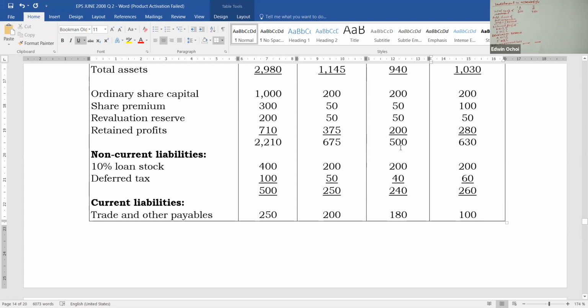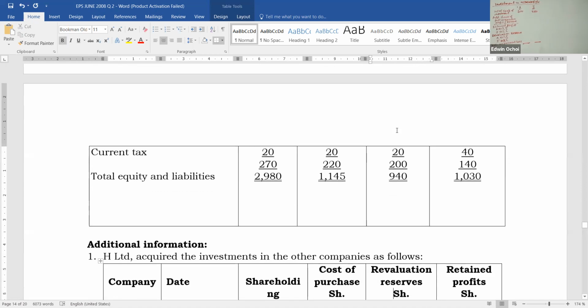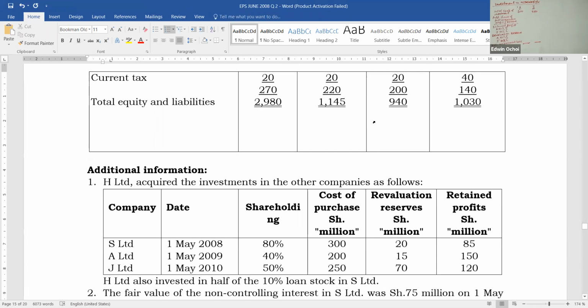In order to get post-acquisition retained earnings, you take these balances and minus the ones given as at the time when these entities were acquired. For A, you pick the one at the end and minus the retained earnings as at the time when A was acquired, 1st May 2009, not 2008. The retained profit was 150, given in the last column. For J was 120.